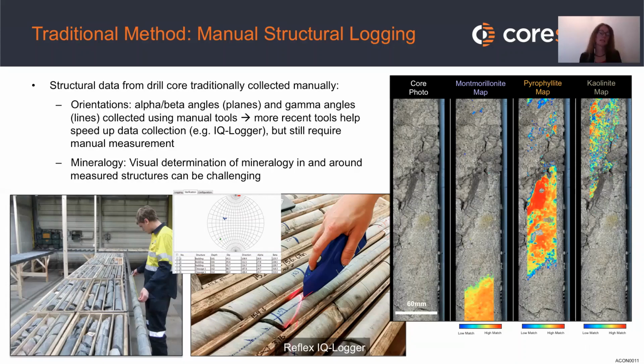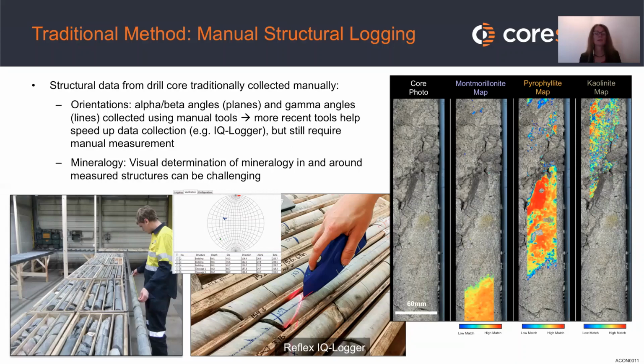As an example, on the right-hand side of this slide, here's a section of core where visually there's not much change in the color, grain size, texture, anything like that. But if we look at the hyperspectral mineralogy, which is what these colored maps are, we can see that this section shows us kaolinite at the top, pyrophyllite in the center near the structure, moving into montmorillonite.